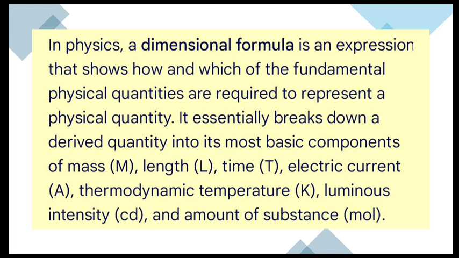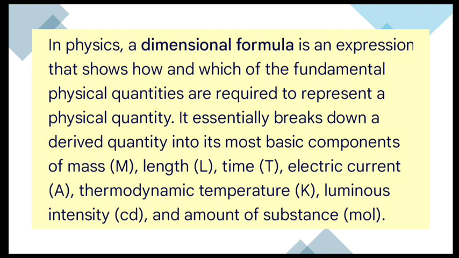We have around 7 fundamental quantities: mass, length, time, electric current, thermodynamic temperature, luminous intensity, and amount of substance. These are the fundamental quantities. Out of these, we need to indicate the ones that make up velocity.